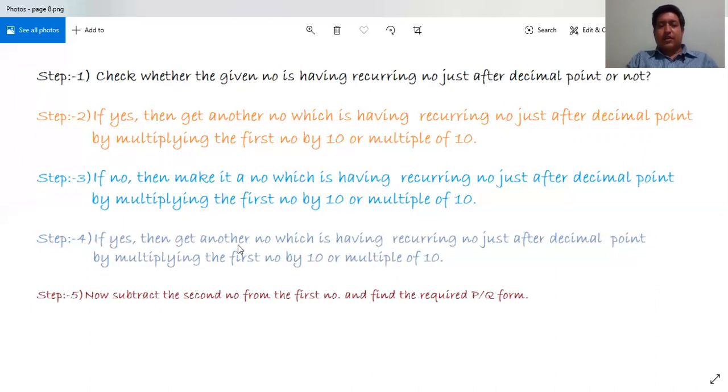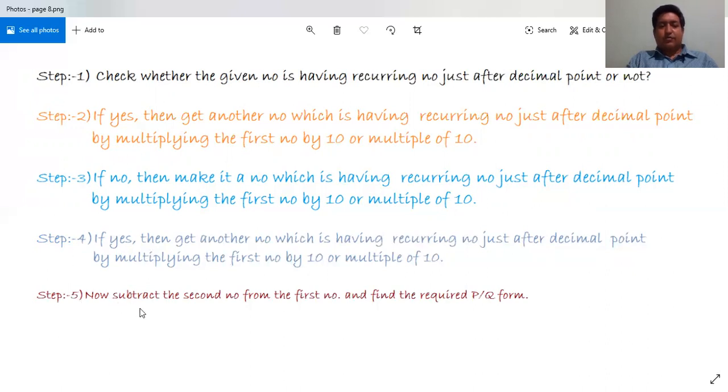Then we have to get another number which has the recurring digits just after the decimal point, by multiplying the first number by 10 or a multiple of 10.